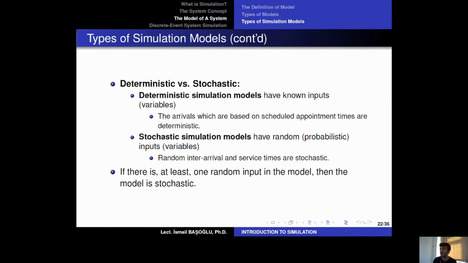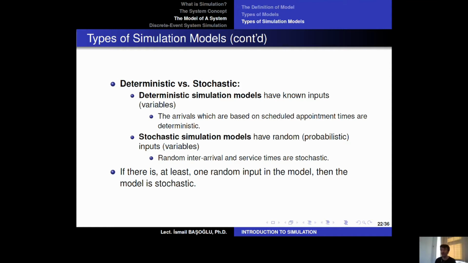In a clinical system, you assign appointments to the patients, right? And assuming that the patients always come on time, then the arrival of the patients into this system is going to be a deterministic input. So we know exactly how much time we are going to observe between consecutive arrivals, okay?